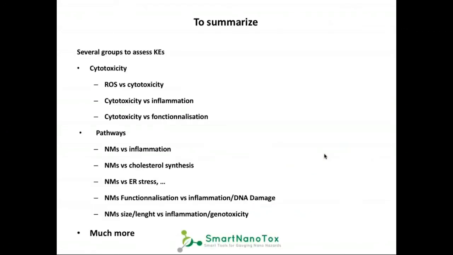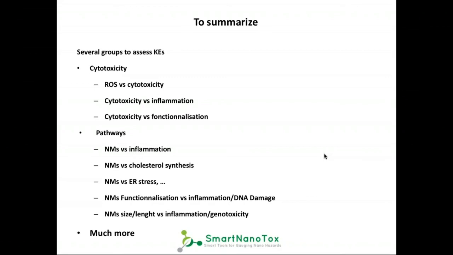So to summarize, from all this data, we can propose several groupings to assess key events. Cytotoxicity is obviously a first grouping approach, but we can also check the several pathways and key events: inflammation, cholesterol synthesis, endothelial stress, endoplasmic reticulum stress.